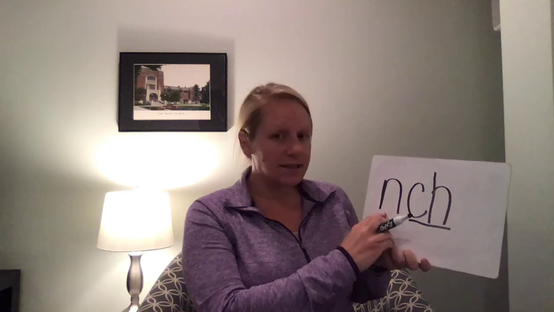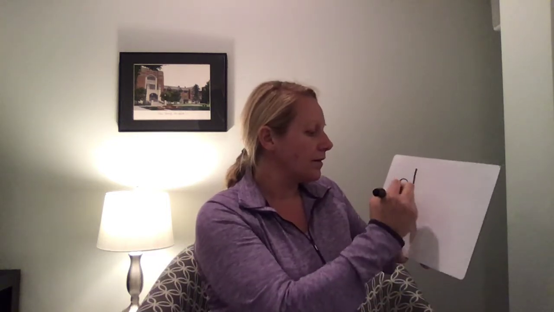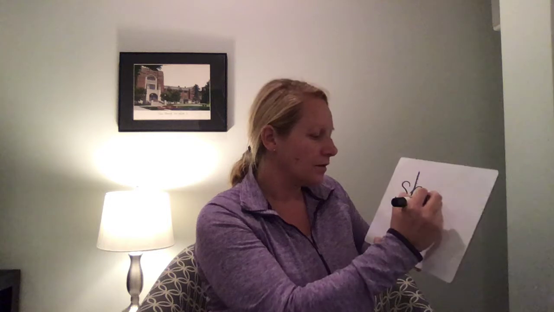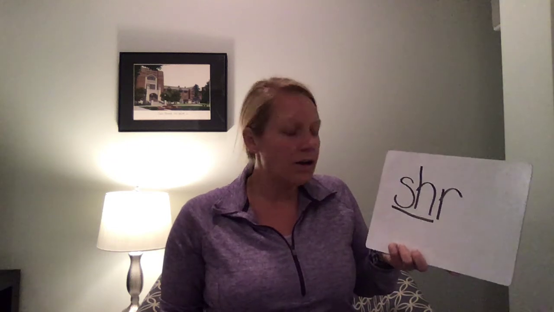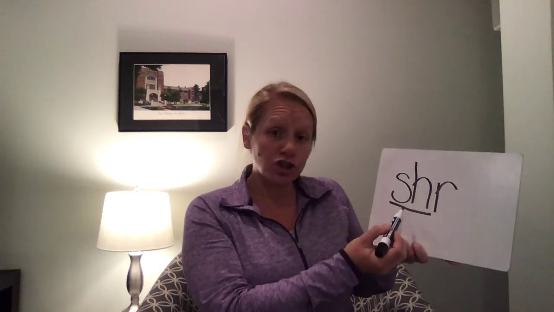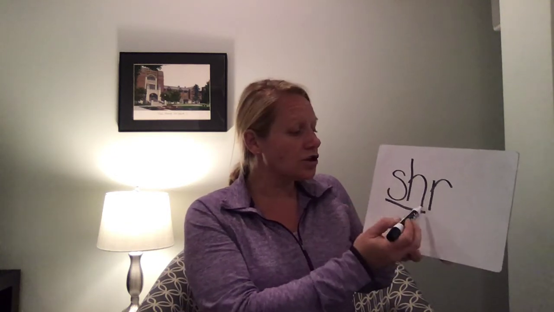Sometimes the consonant may be after the digraph. For example, this happens with this digraph. We have digraph SH and then a single consonant R. We would make the sound sh for the digraph and then slide them together.